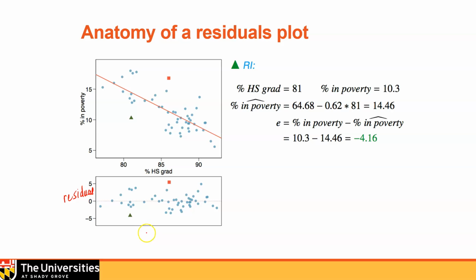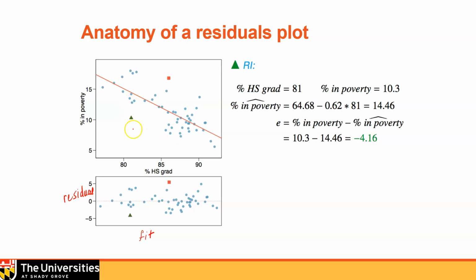Okay. So a residual plot, which looks like this, will typically have the residuals on the y-axis, and it has the fit, the data fit, the predicted value for the data, on the x-axis. And what it's doing is saying, for every value, like where's Rhode Island?